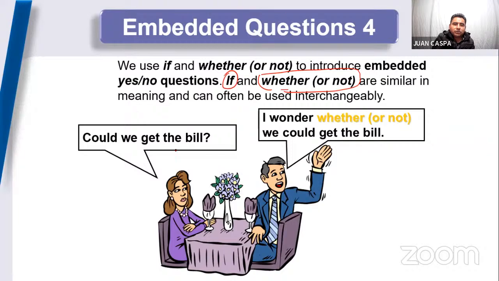An embedded question can also be used to answer or to formulate a yes/no question, right? We use if or whether to introduce embedded yes/no questions. I wonder, right, in this case, embedded question. Could we get the bill, right? This is a direct question.